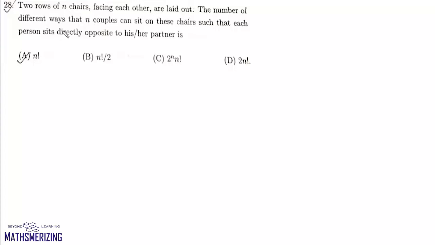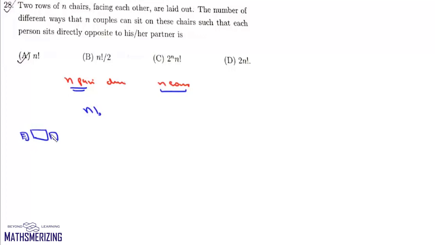Now question number 28 is, two rows of n chairs facing each other are laid out. The number of different ways that n couples can sit on these chairs such that each person sits directly opposite to his or her partner. Now we have n pairs of chairs and we have n couples. Now these n couples can be arranged in n pairs in factorial n ways. Now in each pair, we have 2 seats.